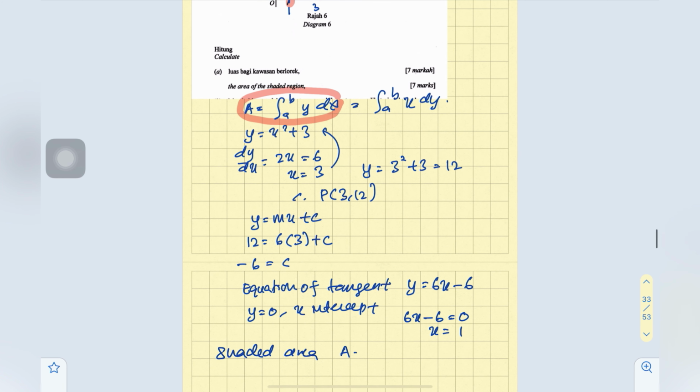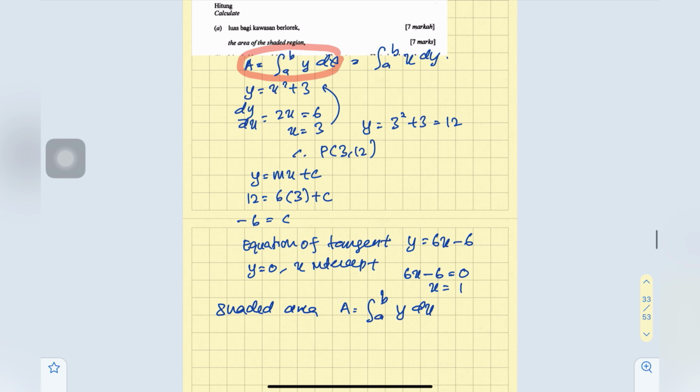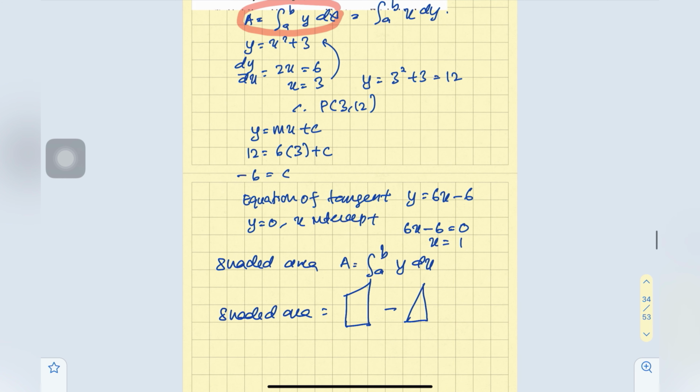So A equals the integral of y dx. To find the shaded area, the shaded area equals the area under the graph minus the empty part. The area of the triangle is 1/2 times base times height.